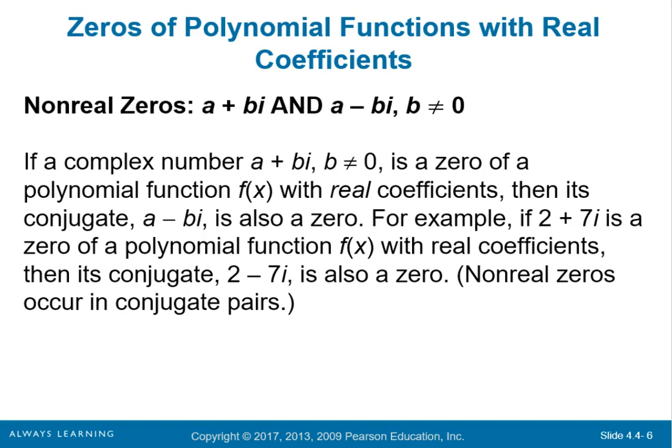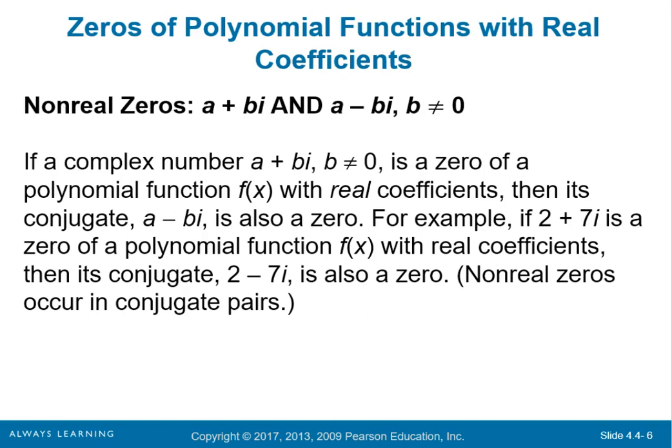So if you have a complex number where the b in the bi, the imaginary part, is not 0, you have to have its conjugate. There's no option in that. You must have its conjugate. So if you have a minus bi, then you have to have the a plus bi.